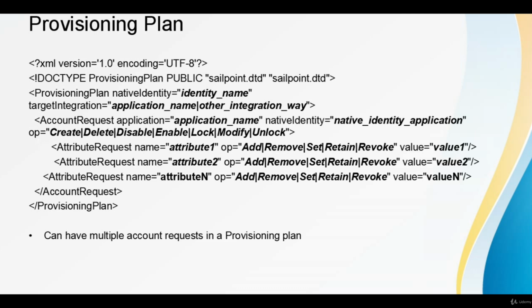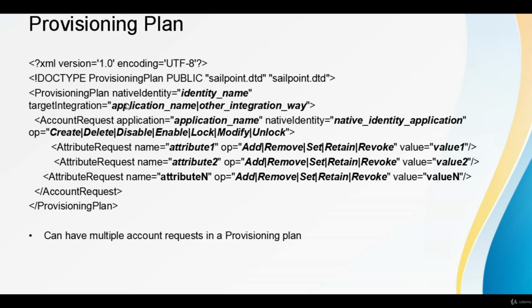So let's recap about the provisioning plan. The provisioning plan is nothing but an object. We will see that object in the Java doc in a moment. So the provisioning plan should have a native identity which tells SailPoint IIQ on which identity I want to do the modifications, and the modification is being done by the connector or by some other means like integration config.